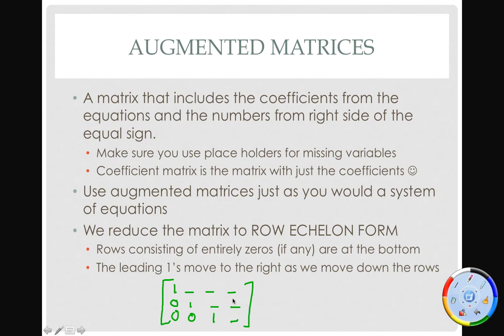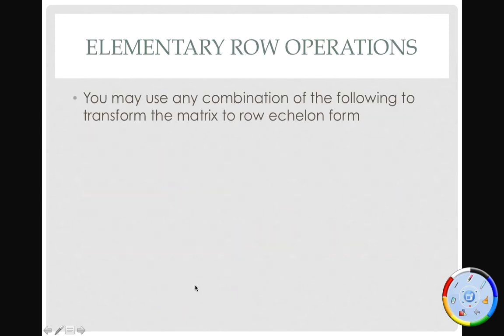We have something else called reduced row echelon form, where these three, and I'm going to talk about this later, those 3 spots there become 0. And this is the same for any size matrix. Right now this is a rectangular matrix with, what is this, 3 rows and 4 columns. And what we can do is, like I mentioned, you may use any combination of the following. You can interchange any 2 rows.